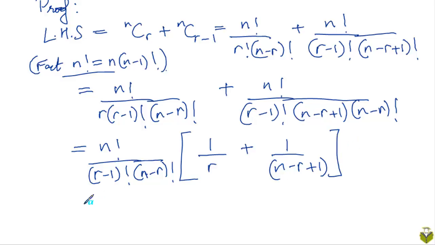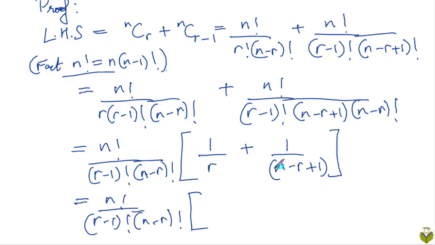So here we go. We just have to add the terms inside the bracket. So I take n minus r plus 1 plus r, and in the denominator I have r and n minus r plus 1.